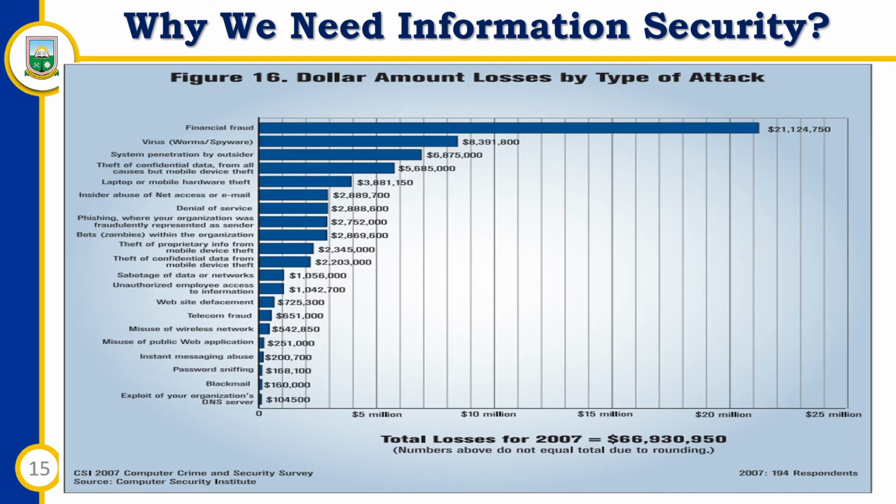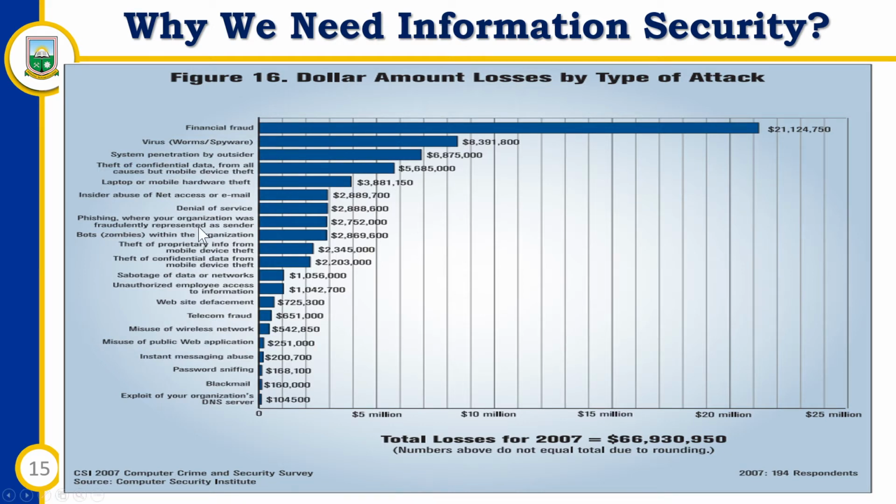The financial fraud, as I said, was the highest per the CSI survey, and that was around 21,124,750. Of course, viruses, worms and spyware were also able to steal some important information from organizations and institutions.